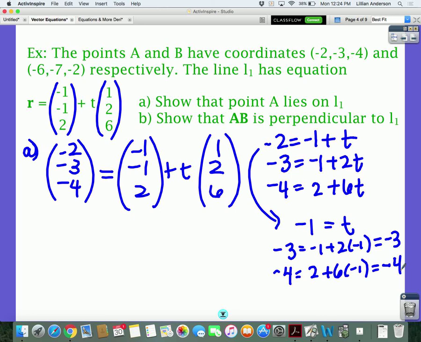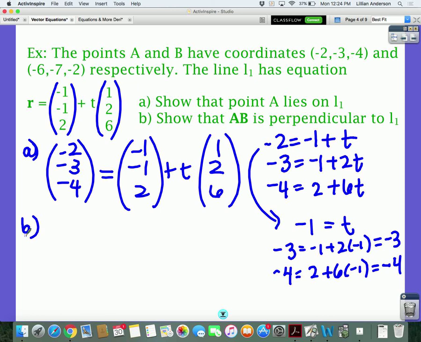If it said determine if point A lies on L1, this is what you would do, and then you would say yes, it does lie on L1. Do we have to say that yes, it does, or can we just show that t equals -1? On this problem, since it's a show, you just show that and you're done. But if it ever said determine if A is on the line, then you would say yes.